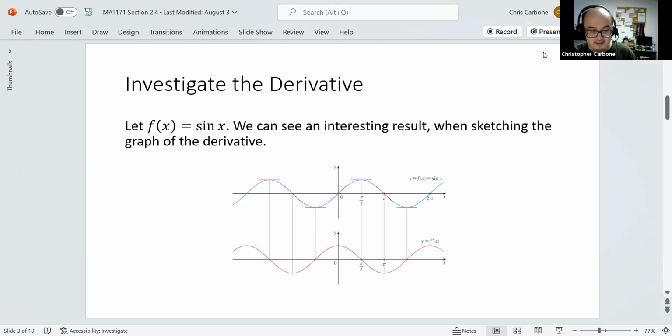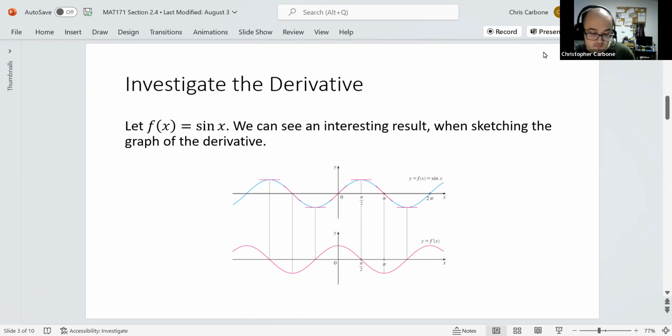We could see here, if we let f of x be equal to the sine of x, something interesting when we sketch the graph of the derivative. Each of the curves on our sine graph is where we start getting those tangent lines with a slope of 0.